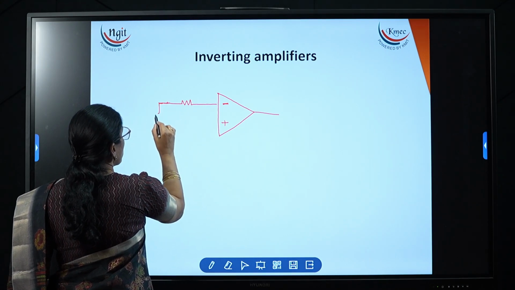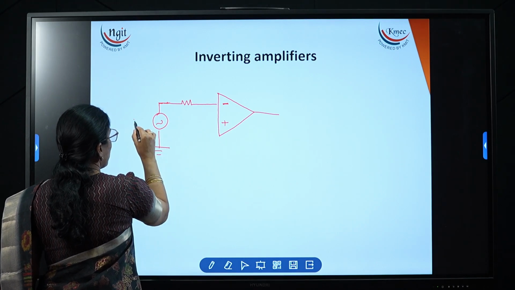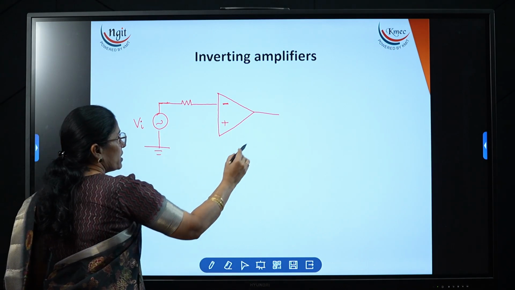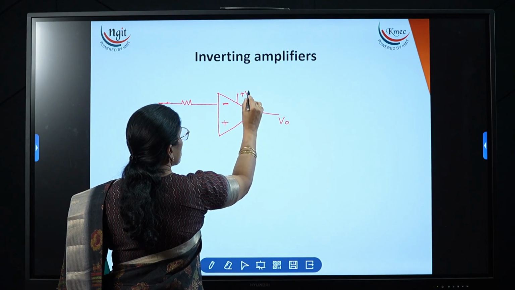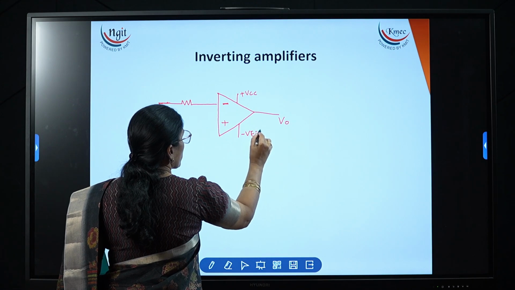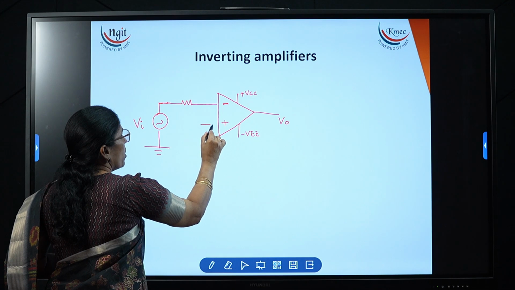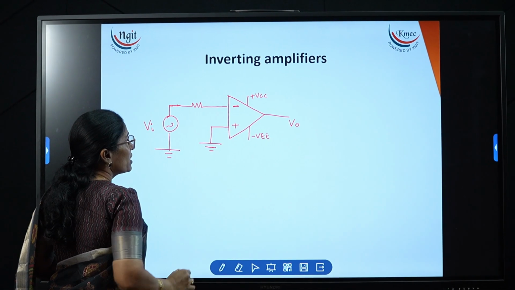Here I am applying this signal, which I will take as VI or Vs. This is the output voltage, and here I am applying plus VCC and minus VEE. The supply is given, and this is the inverting amplifier. That's why the non-inverting terminal I am connecting directly to the ground.